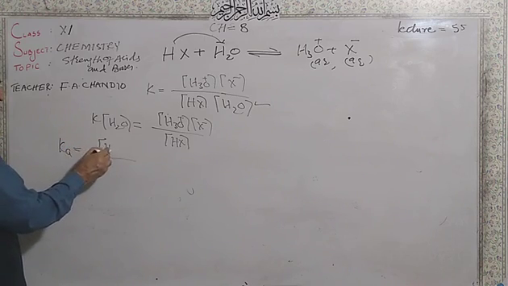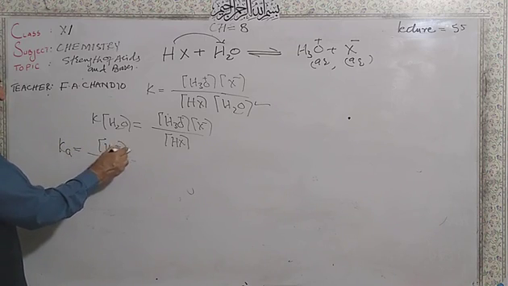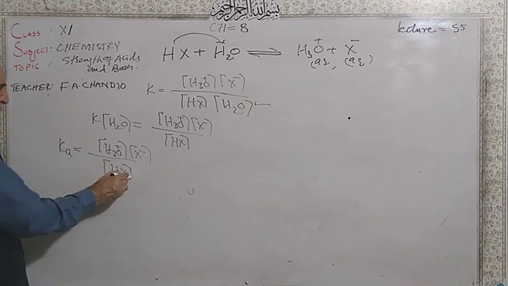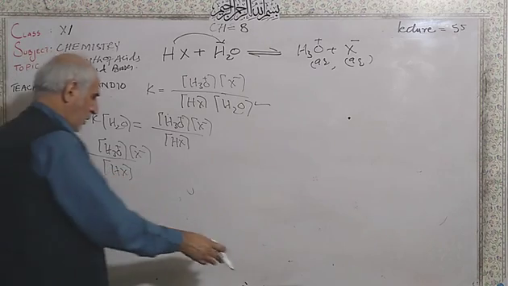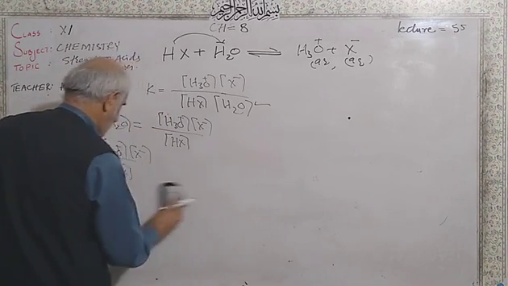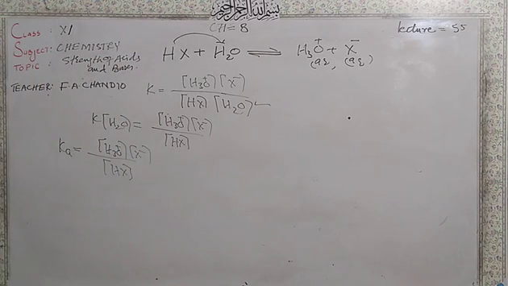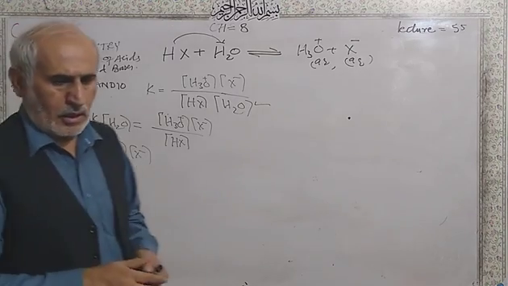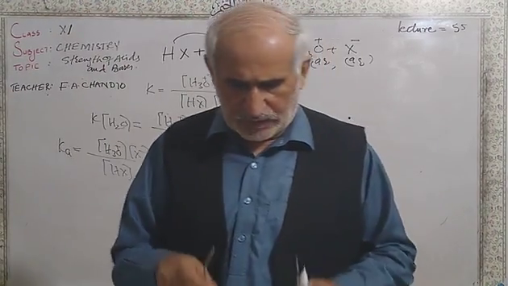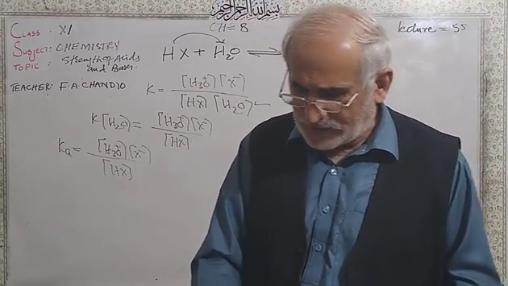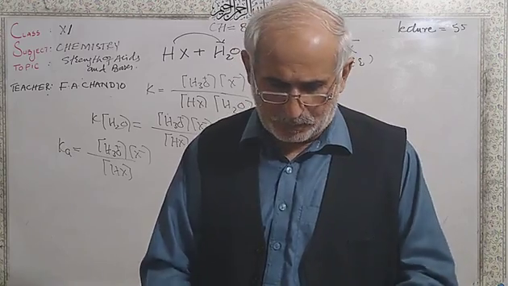So hydronium ion plus halide ions, from the hydrogen halide. This is called Ka, the ionization constant for acids. Since its value depends on temperature, we must write it with the temperature.